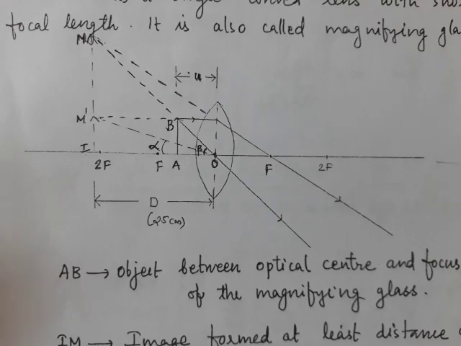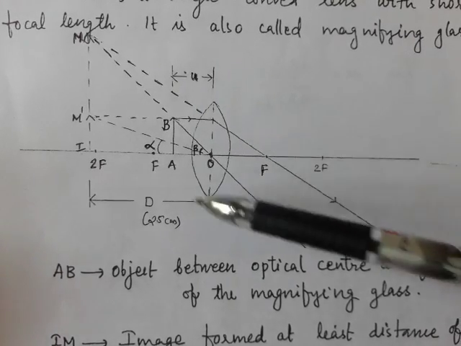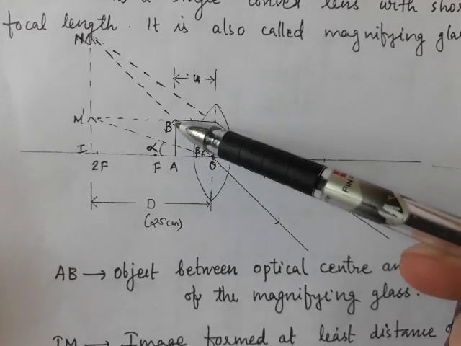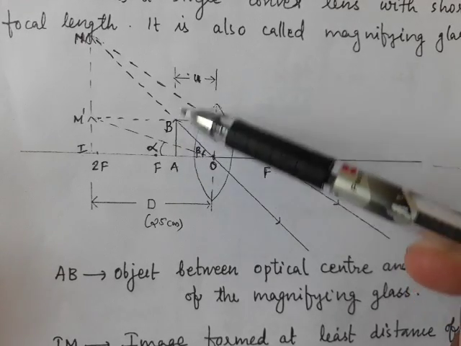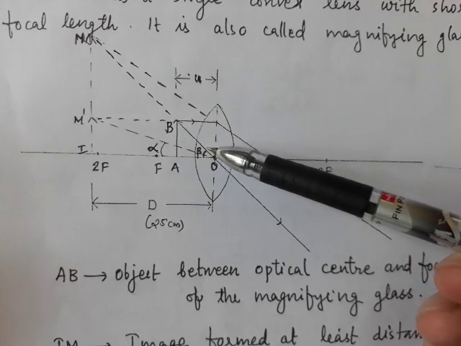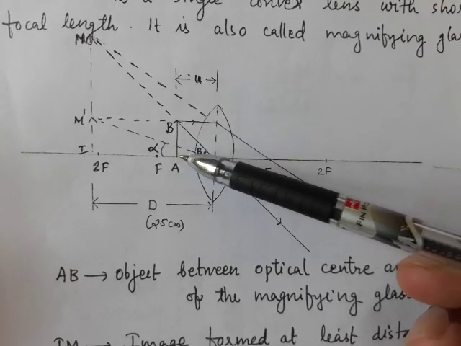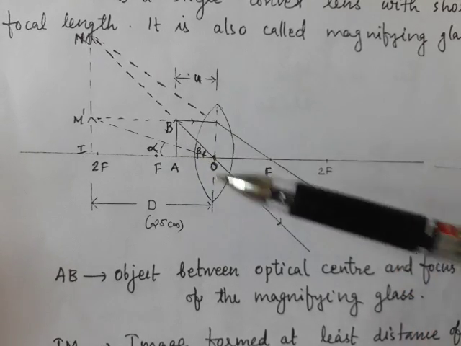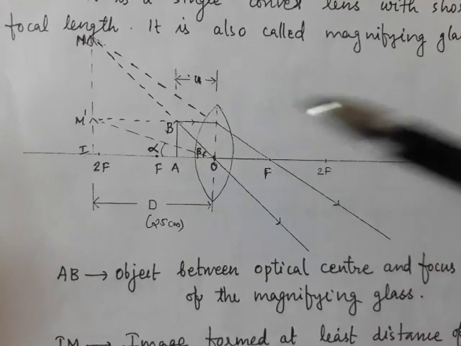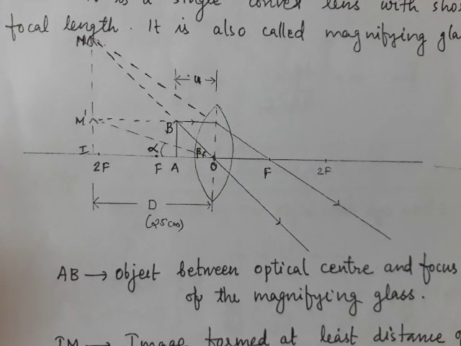So let's consider a situation in which you have a convex lens here. This is a convex lens and it has an optical center. You place an object here. This is the object AB, which is making an angle beta with the principal axis as shown in the figure. So this object AB makes an angle beta with the lens at the optical center.